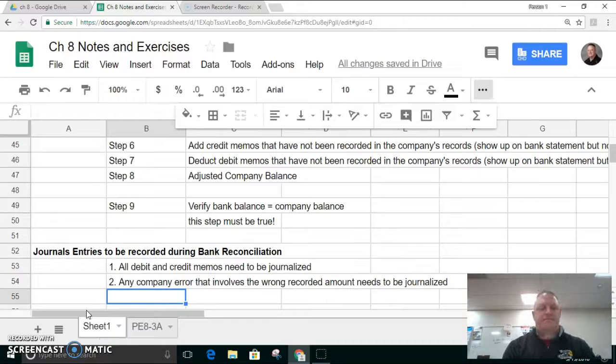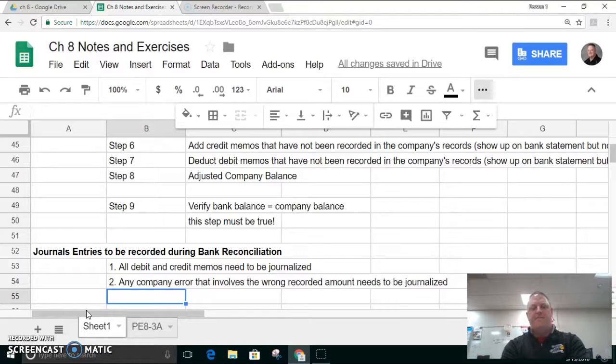What you're going to work on today: we worked on the bank reconciliation yesterday. Today we're going to talk about the journal entries that need to be recorded based on that bank reconciliation. There are basically two things you need to know. Any debit or credit, or any increase or decrease in cash shown on the bank statement that we did not have in our company records, needs to be journalized. So any finance charges, service charges, interest received, notes payable or notes receivable received.